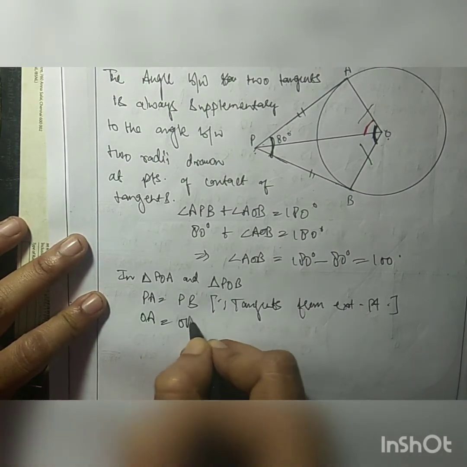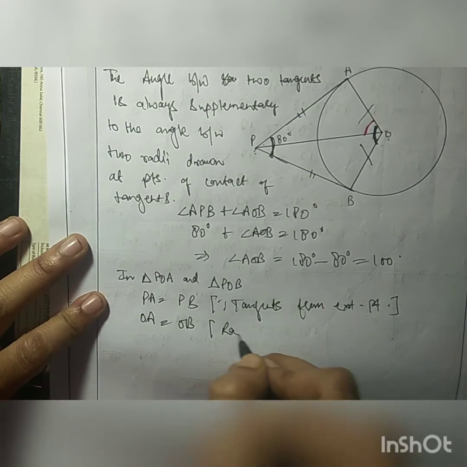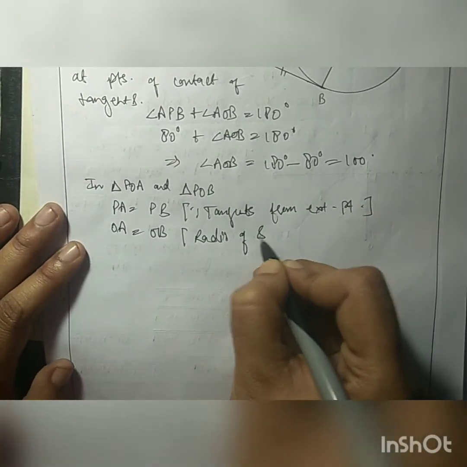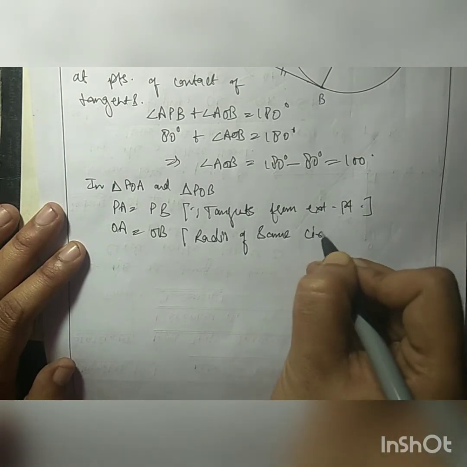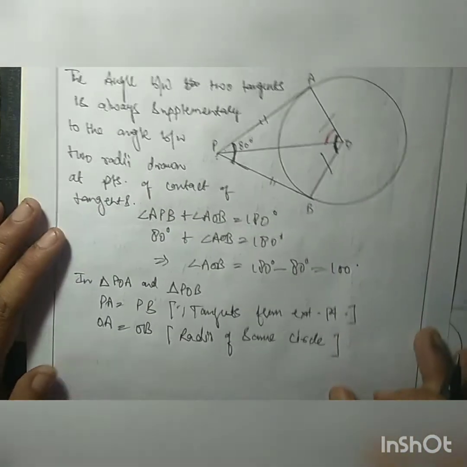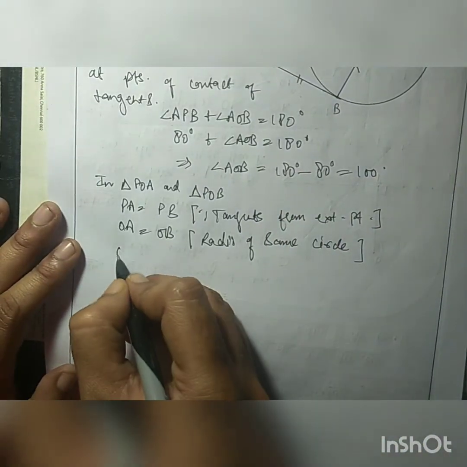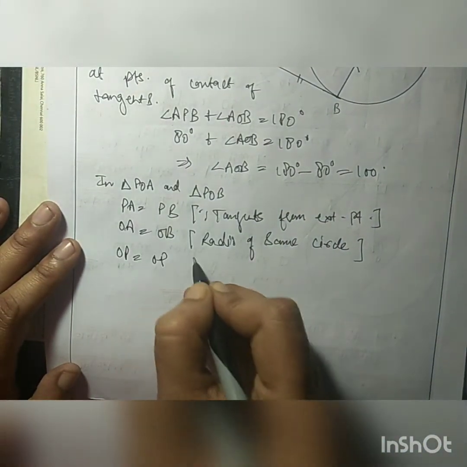OA is equal to OB. Reason? Radii of the same circle. Then OP is common in both the triangles. OP is equal to OP, which is common.